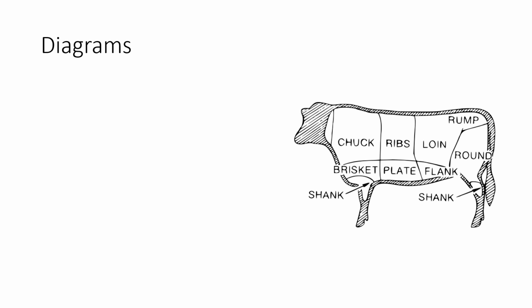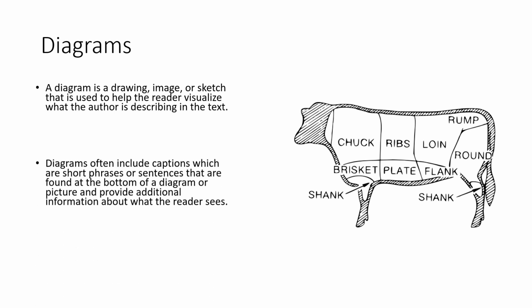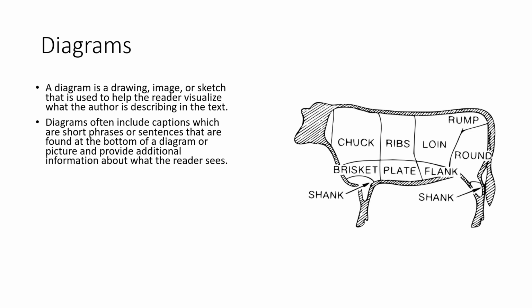So when we're talking about diagrams, it's a drawing, image, or sketch that helps the reader to figure out and visualize what the author is telling us about in the sketch or in the text. So that's what a diagram is. It can be a drawing, an image, a sketch, a pictogram. A diagram sometimes has a caption, a short phrase or a sentence underneath the picture that provides additional information about what you're seeing.